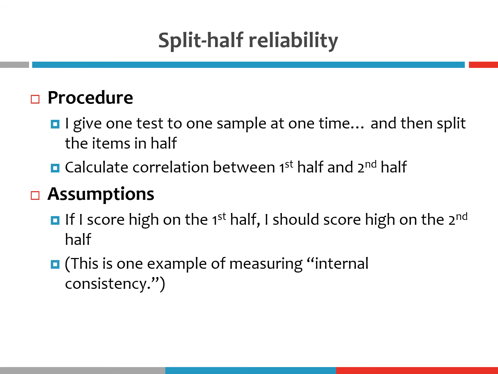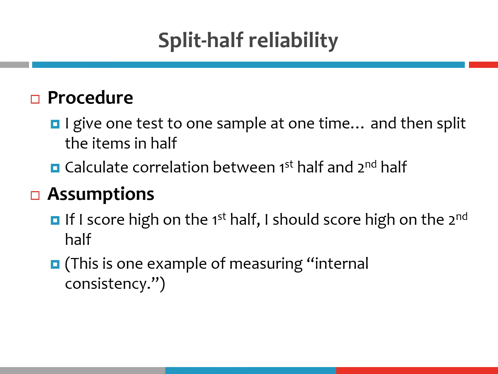So the assumption that we're making is that if our respondent gets a high score on the first 25 questions, they should also get a high score on the second half of the questions, okay?